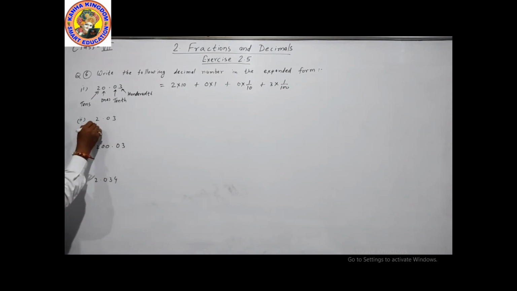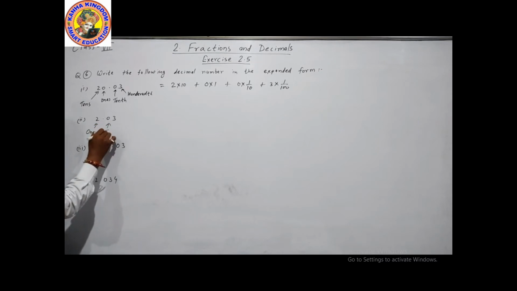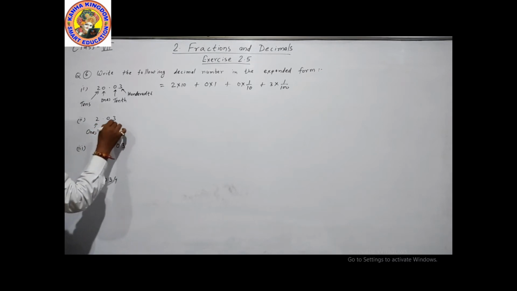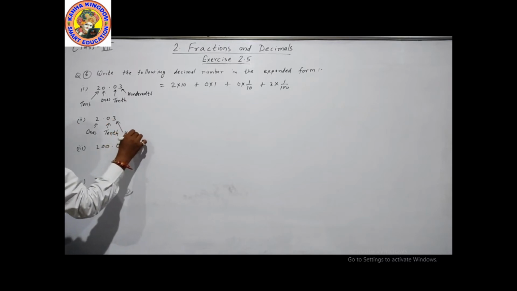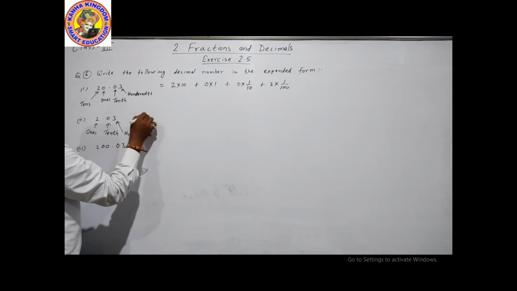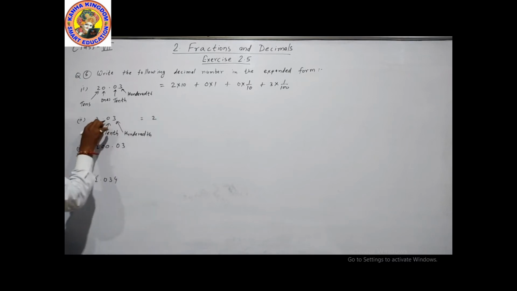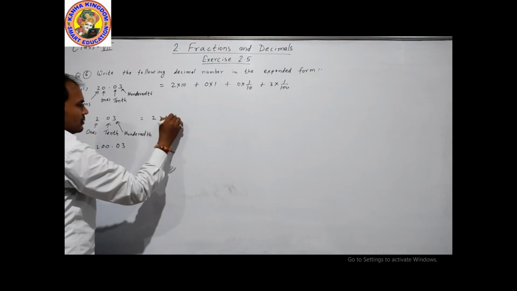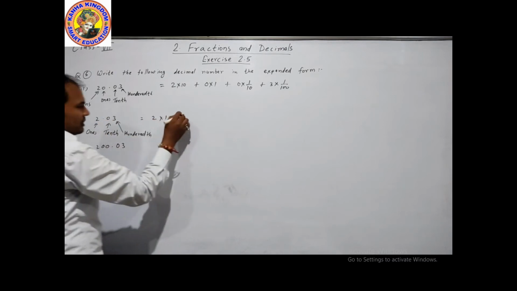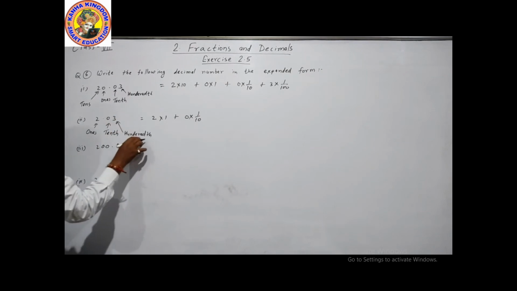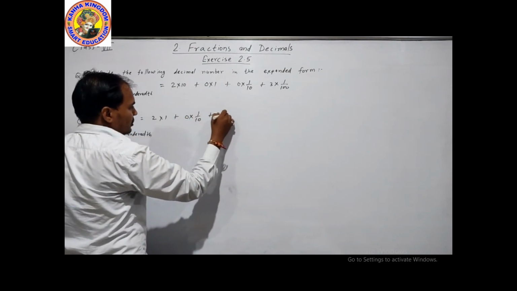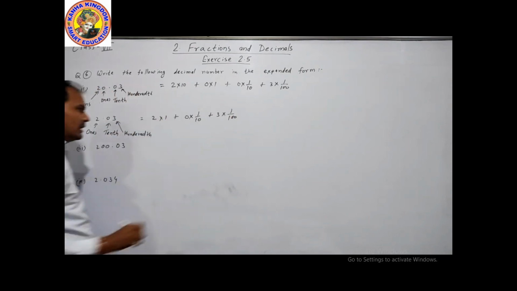Now this is our ones, in decimal point tenth, hundredth. So 2 into 1 plus 0 into tenth, which means divide by 10, then 3 into 1 by 100.